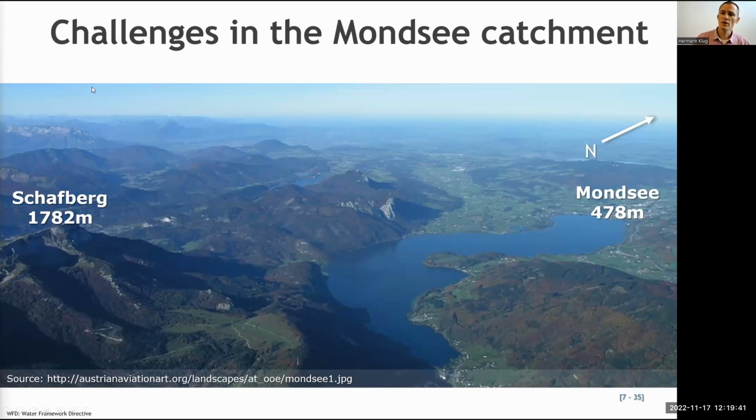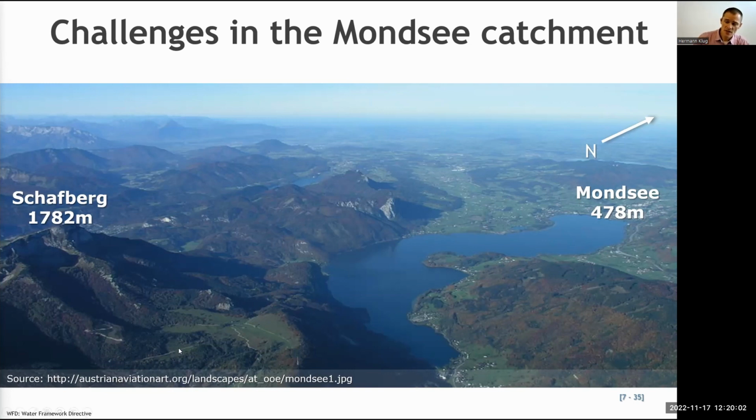The alpine border is exactly at this border where you can see where the lake is ending and where these hills are popping up. And to the north, we have the Flysch area, which is more hilly, even into the direction of flat.